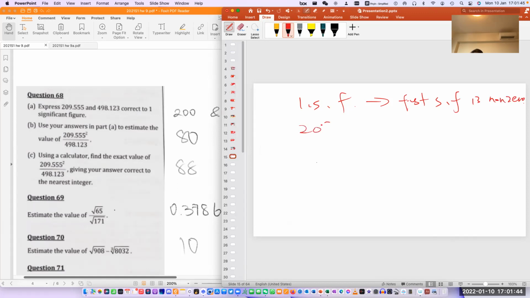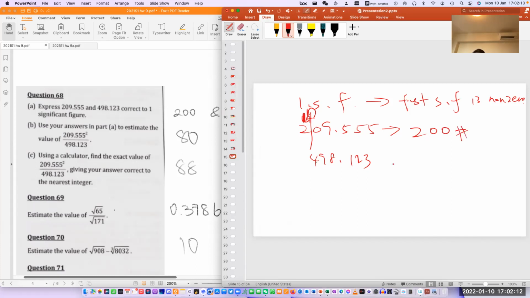So if you have 290.555, and then if you have 498.11123, you ask yourself, is this the first? Yes, it's the first because this is non-zero. So if this is the first significant figure, then you just draw a line here. Ask yourself, round up or round down? 0, round down. So 200. This is the answer.